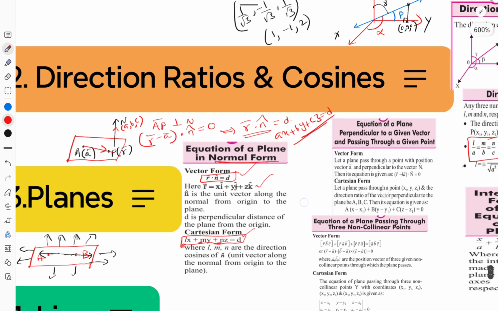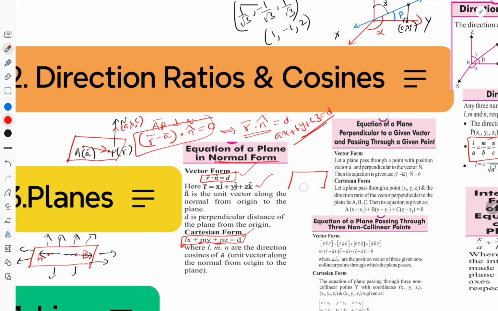Next, the equation of a plane perpendicular to a given vector and passing through a given point. So here, (r bar minus a bar) dot n equal to 0, and from that you get this.